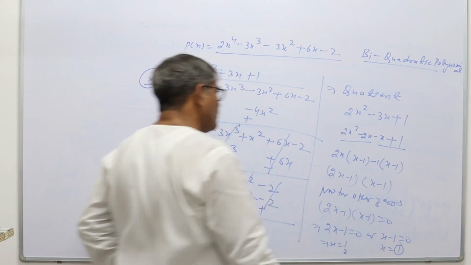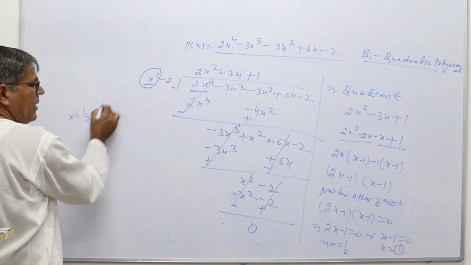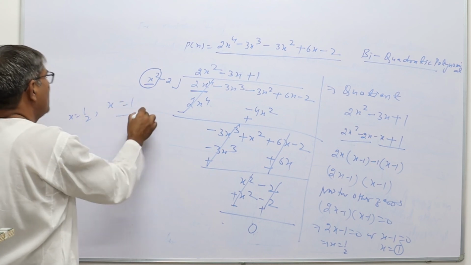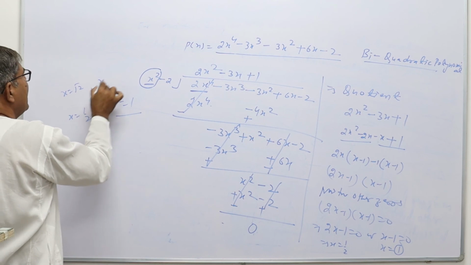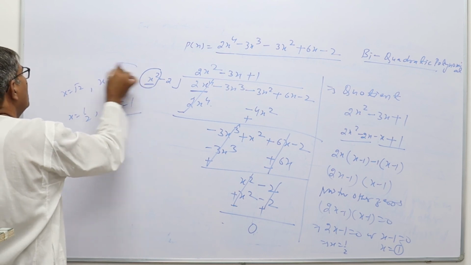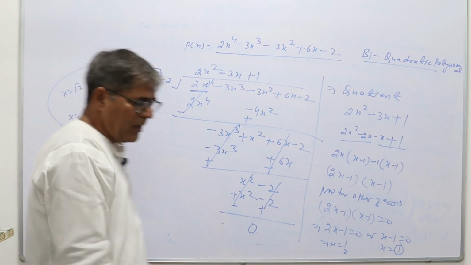So the other two zeros are, first, x equals 1 by 2 and second, x equals 1, and the given zeros were x equals root 2 and x equals minus root 2. So these are the 4 zeros of the given polynomial.